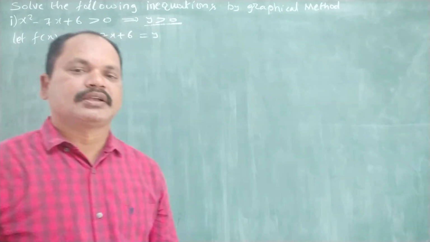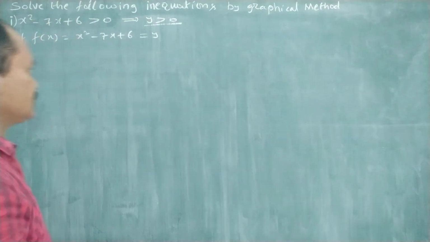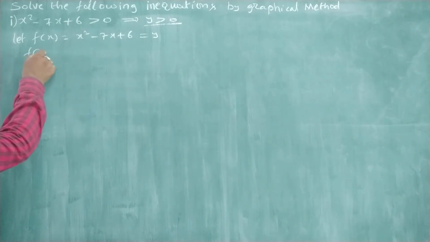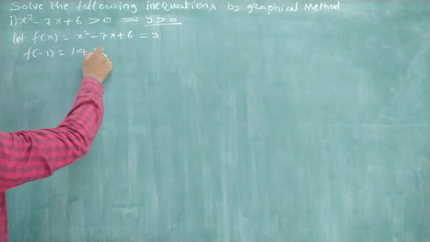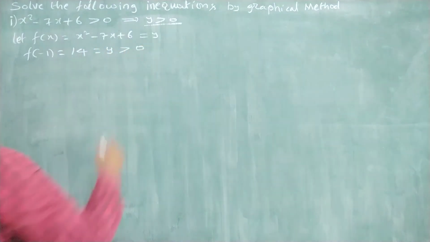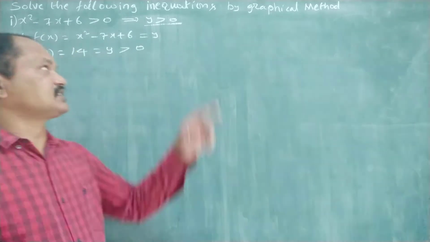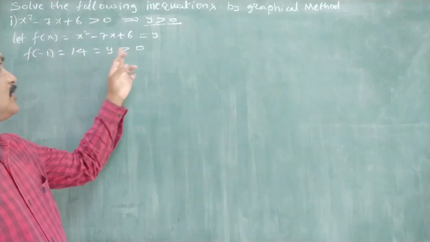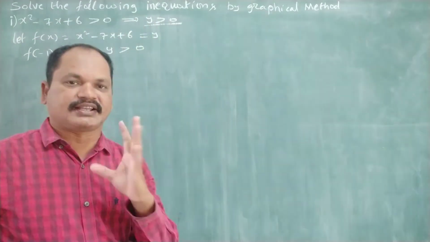Generally we have to take some real numbers. f of minus 1 is 1 plus 7 plus 6, that is 14, so y is positive. That's why minus 1 satisfies this inequation such that y greater than 0.